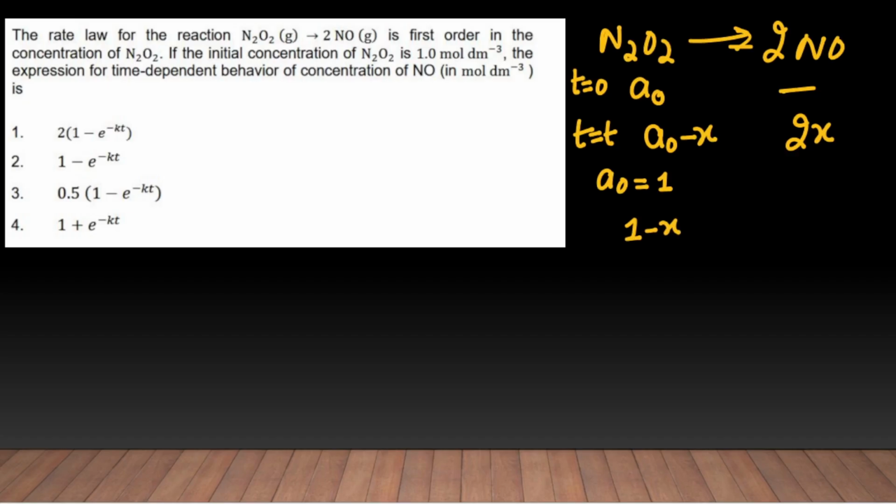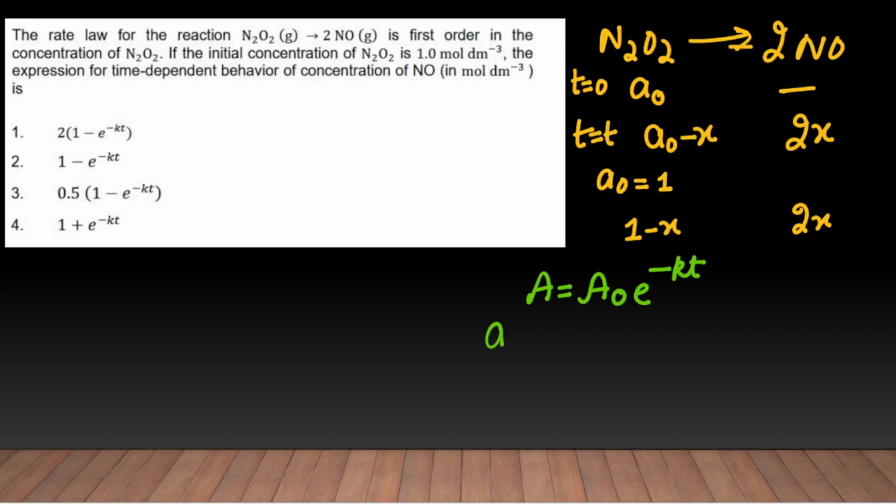Now the reaction is following first order kinetics with respect to the N2O2 concentration. This is given to us. So according to first order, we have A equal to A naught times e raised to the power of minus kt.